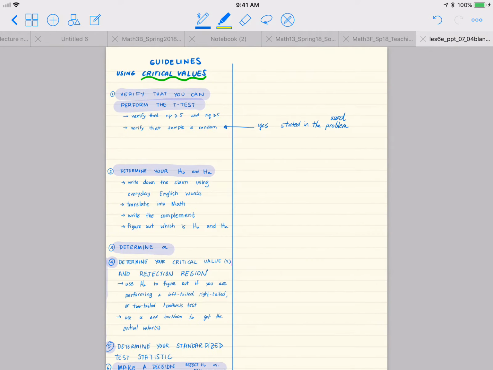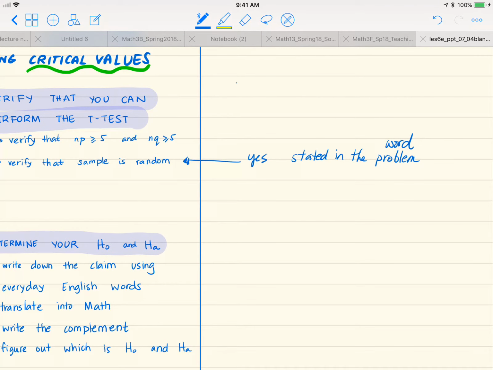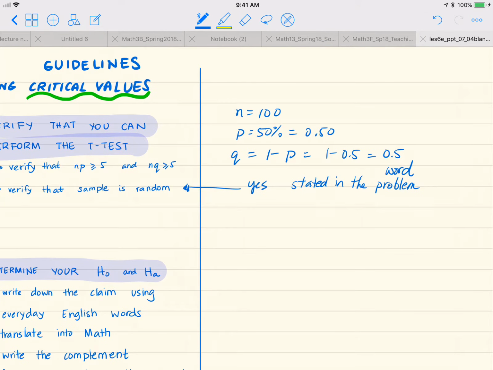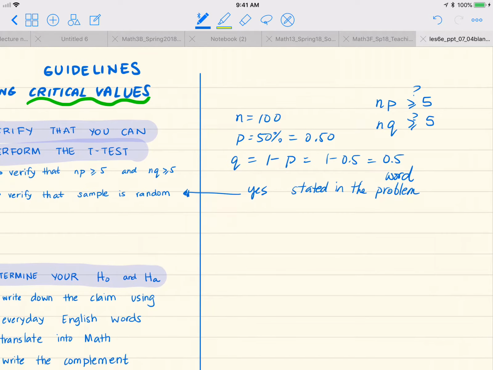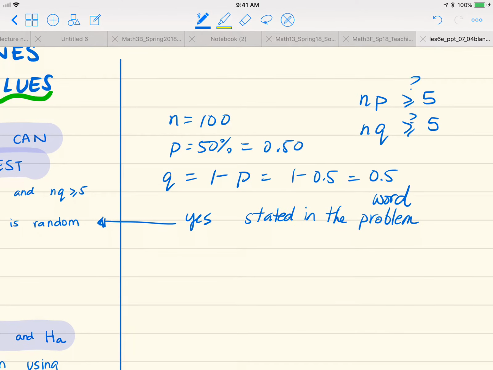So let's go over here and write down that my N is equal to 100 and my P is 50%, which is the same thing as 0.50. And my Q, which is 1 minus P, is going to be 1 minus 0.5, which is also 0.5. Now I need to check, is NP greater than or equal to 5? And how about NQ? Well, NP is 100 times 0.5, so when I multiply those together, I get 50.